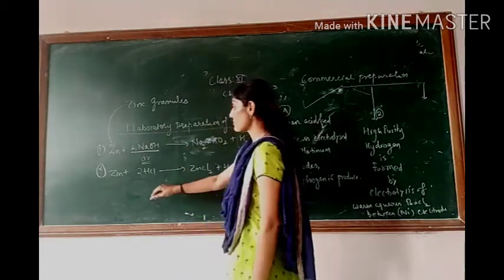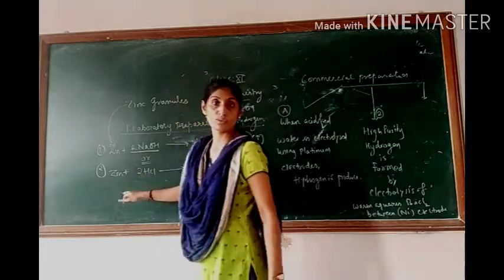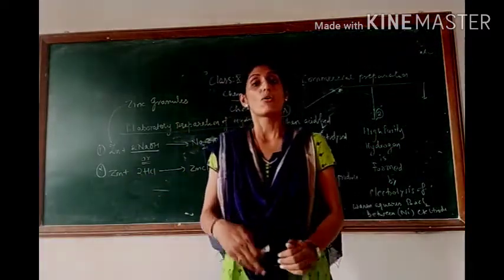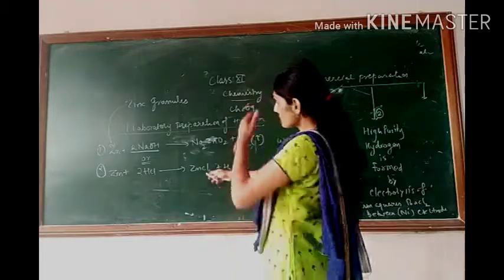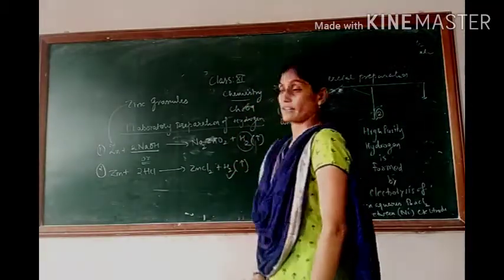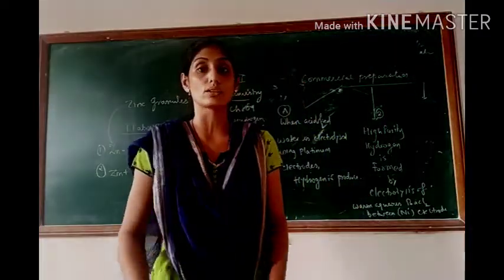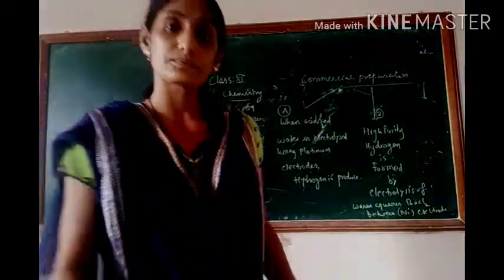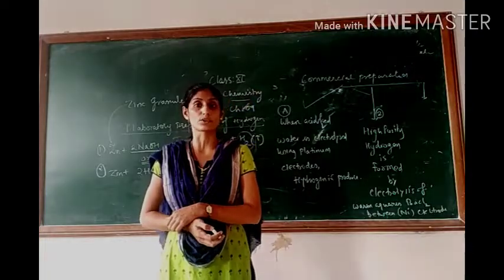And secondly, you can write that whenever zinc granules are added to hydrochloric acid or sulfuric acid, we get zinc chloride or zinc sulfate, along with hydrogen gas. So that is the laboratory method for a small amount of hydrogen.